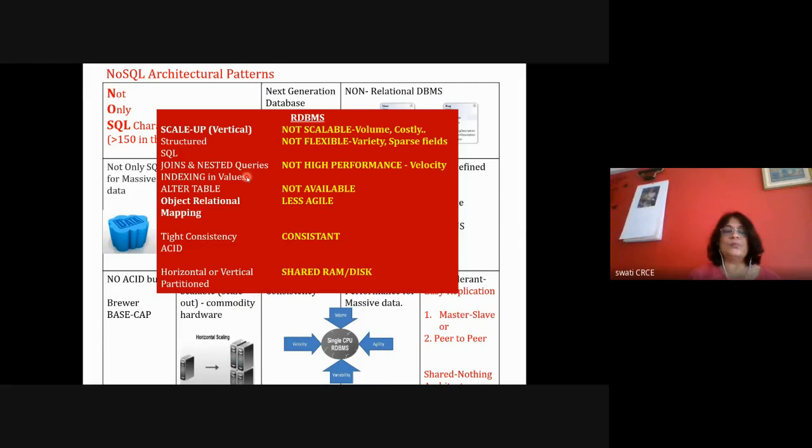We observe the same thing with a university server: when results are announced and everyone is accessing the site at the same time, the server crashes, because it is based on RDBMS, where there are joins and nested queries. Whenever any read or write operation is performed, it cannot handle the speed with which the requests are coming, or write very fast. So it is not giving high performance.